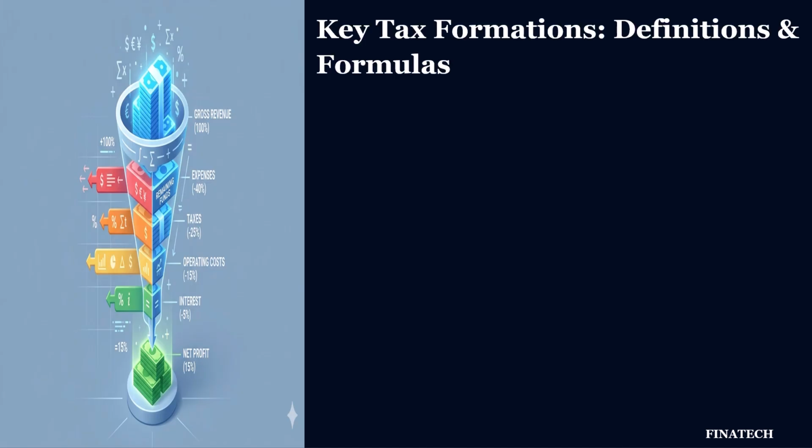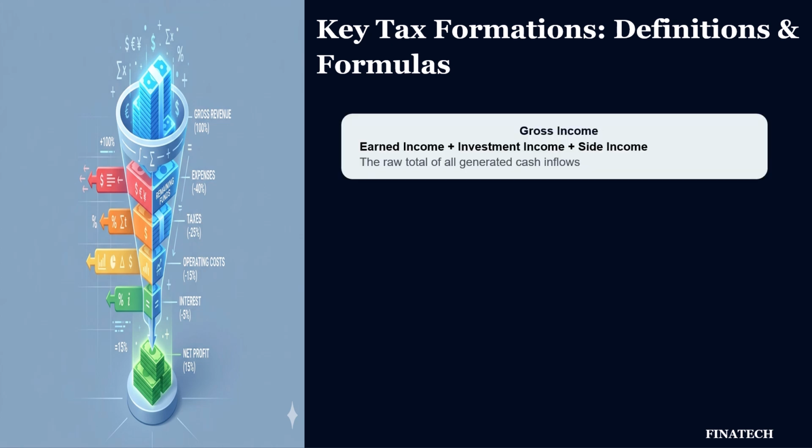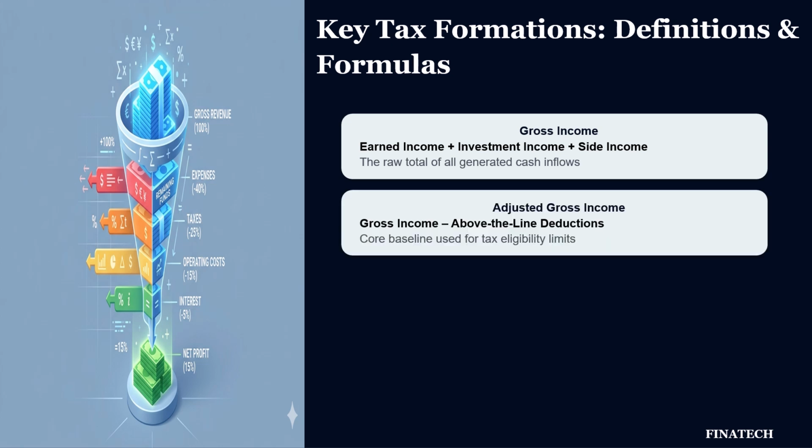What are the key tax formulas? Let's take the definitions and the formulas. The gross income: earned income plus investment income plus side income, the raw total of all generated cash inflow. Adjusted gross income: the gross income minus above-the-line deductions, the core line used for tax eligibility limits.